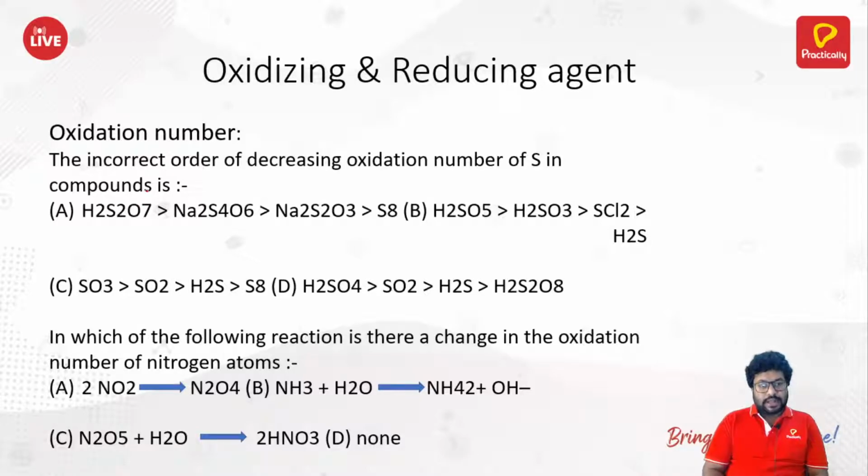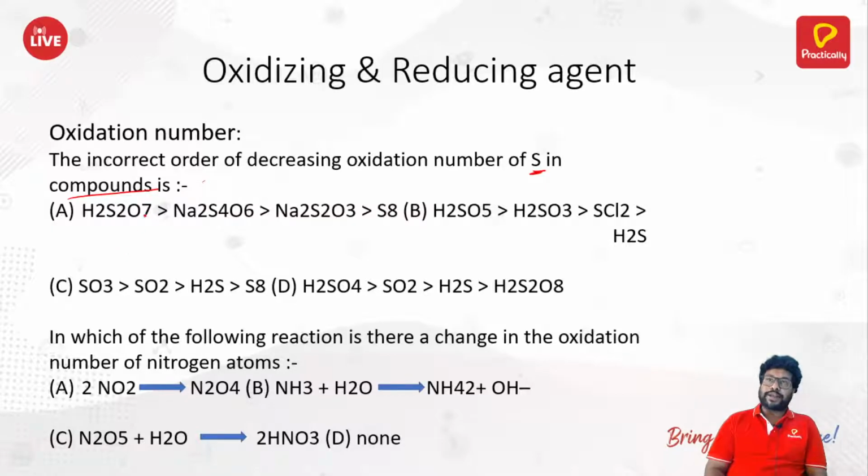Oxidation number. The incorrect order of decreasing oxidation number of sulfur in a given compound is. Now, whether that order is incorrect or not, for that we need to find out the oxidation states of sulfur first. So in H2S2O7, let me tell you how to calculate it orally.